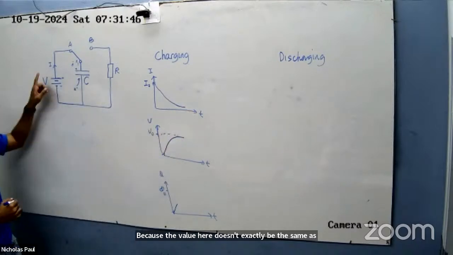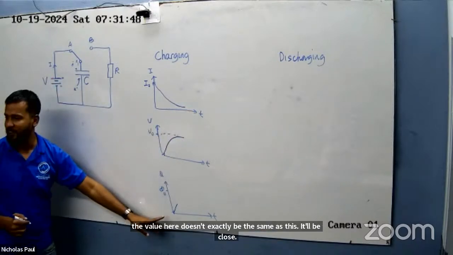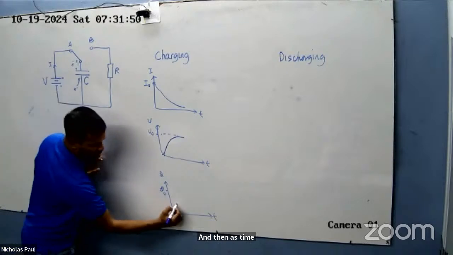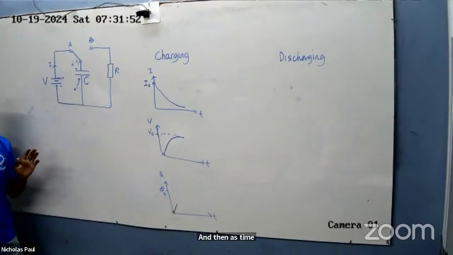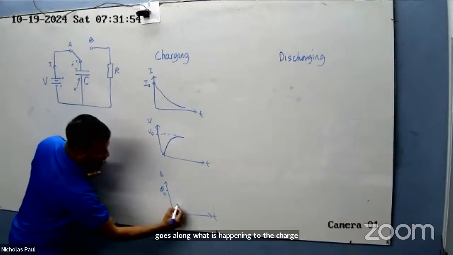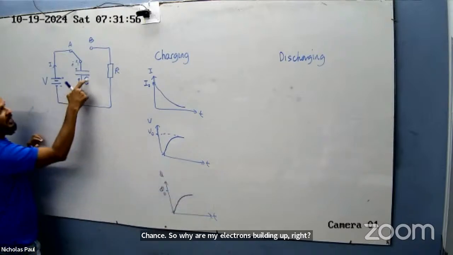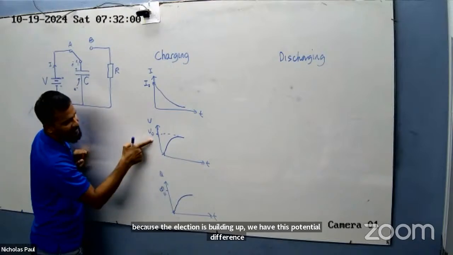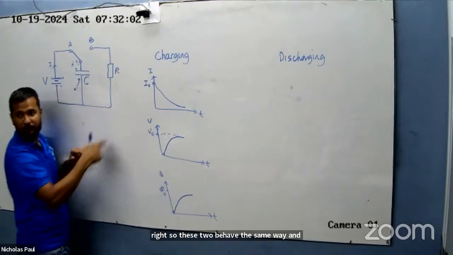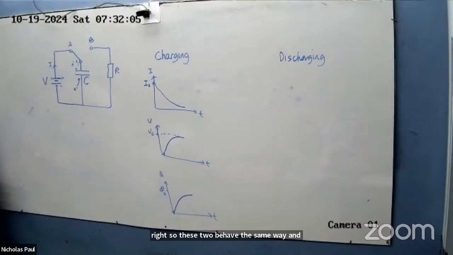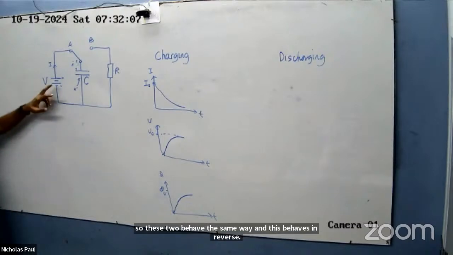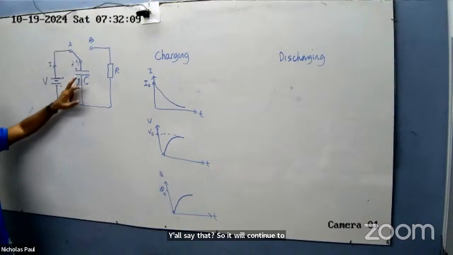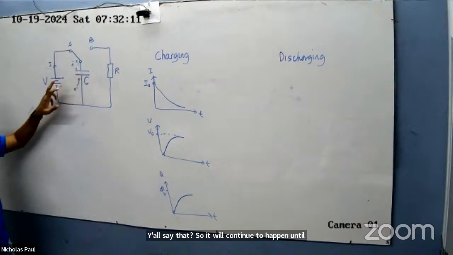And then as time goes along, what is happening to the charge? More and more electrons are building up, and because the electrons are building up, we have this potential difference. So these two behave the same way and this behaves in reverse. You all see that? It will continue until this potential difference is close to or the same as this potential difference.